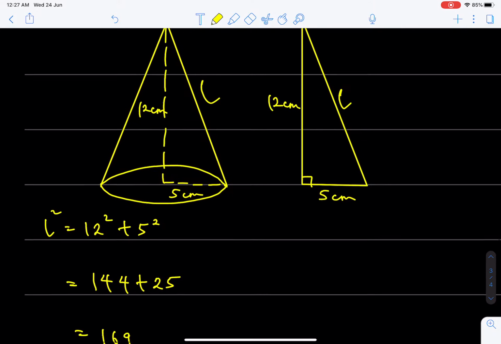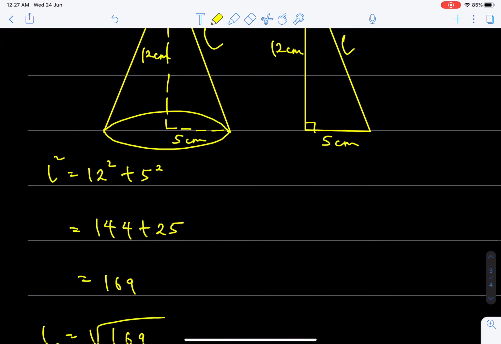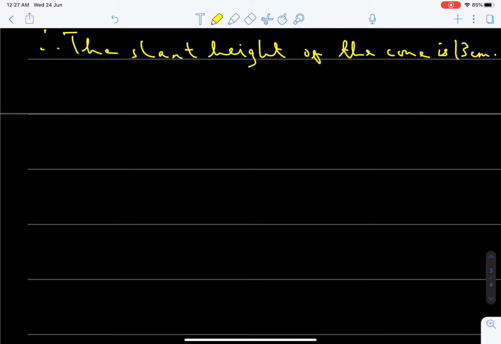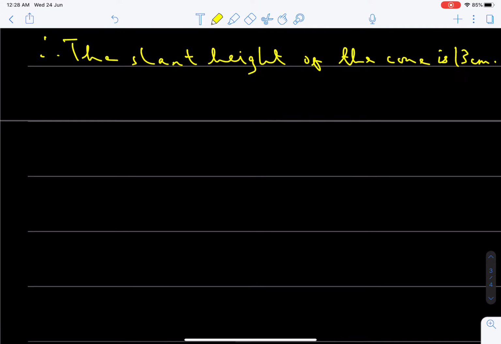Now we go to question B, which says find its total surface area. Mind you, we are leaving pi as pi wherever pi is involved.